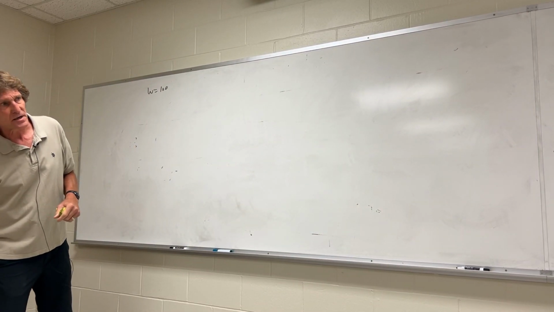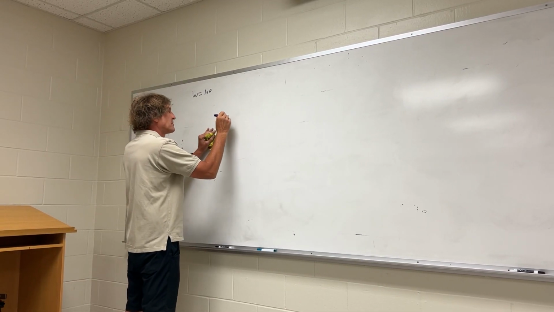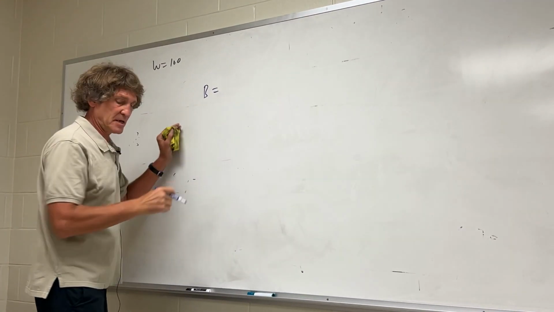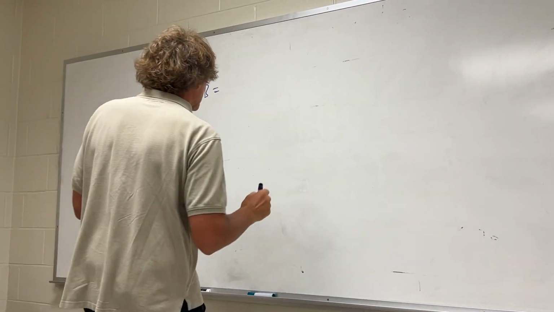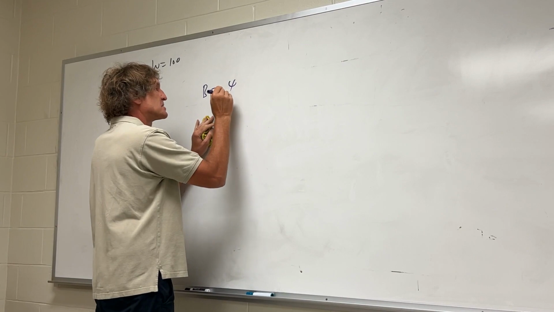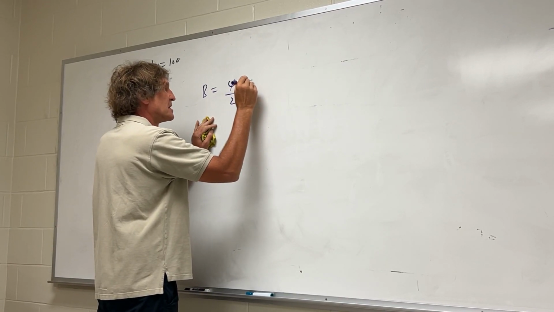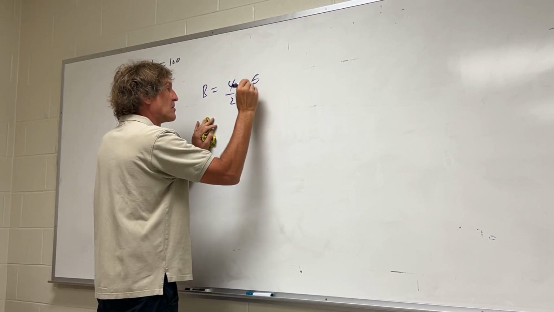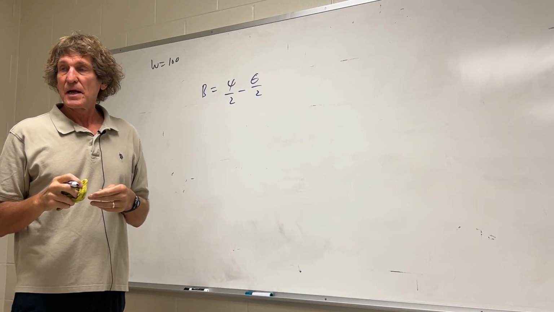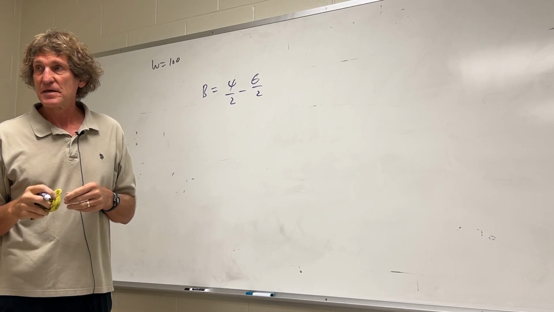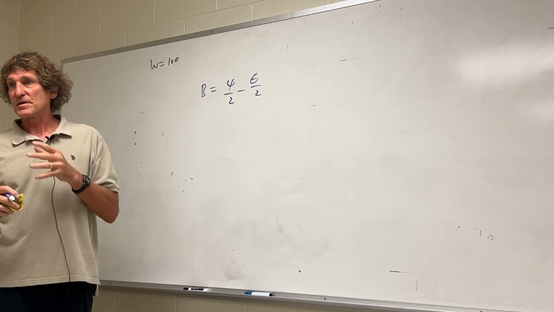So next, he creates a random variable, beta, and that's equal to, his book doesn't have the divide by 2, psi over 2 minus theta over 2 as such. And then what he does is, now try to follow me on this one.